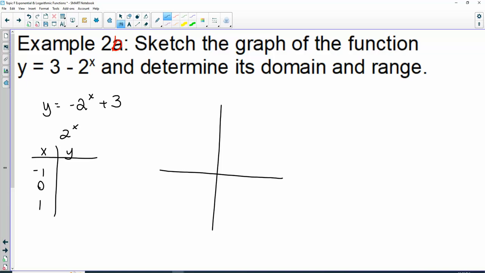2 to the -1. 2 to the 0. 2 to the first. So -1, 1/2. 0, 1. 1, 2.